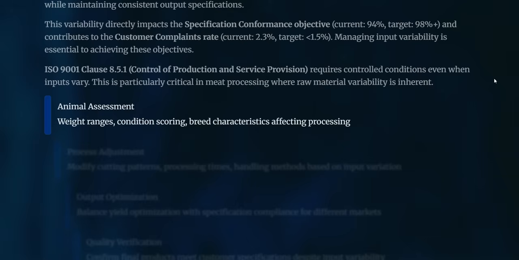So now let's try to control this effectively and scientifically. First, animal assessment must include weight range, condition scoring, and breed characteristics affecting processing.